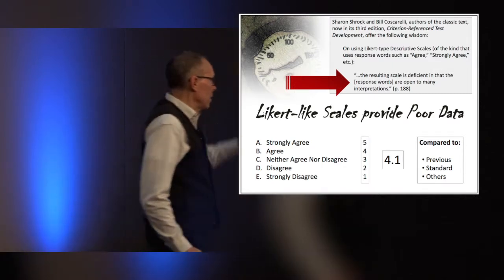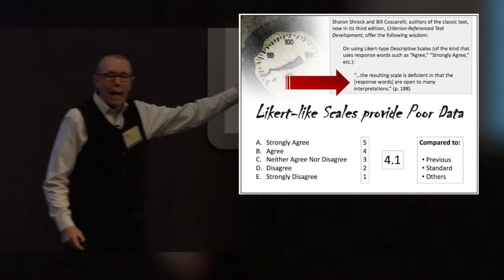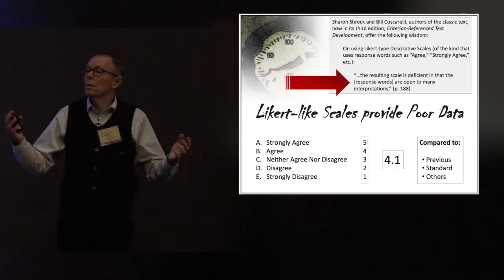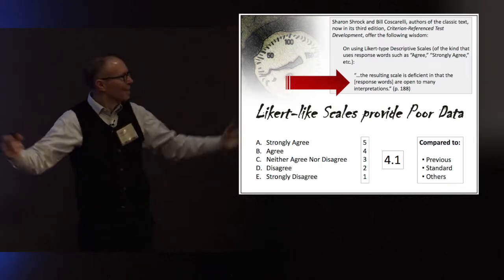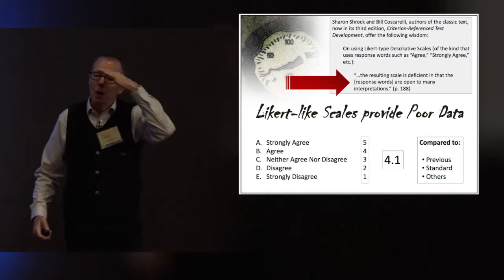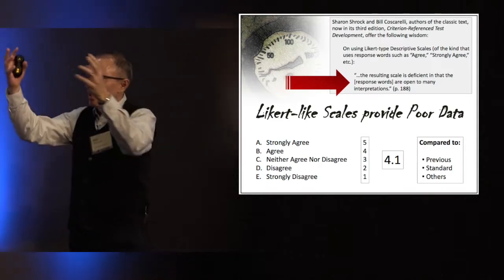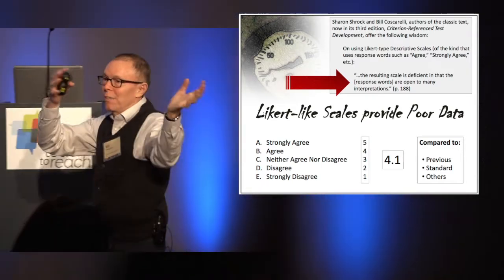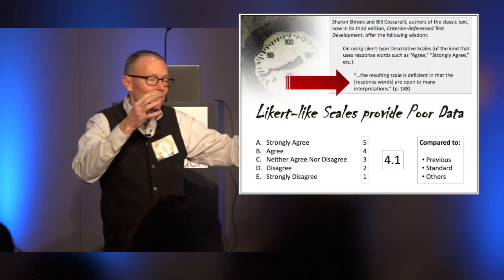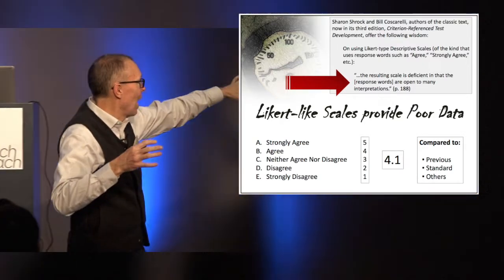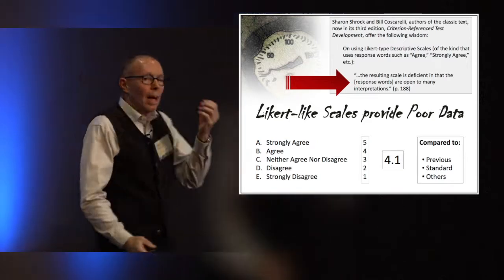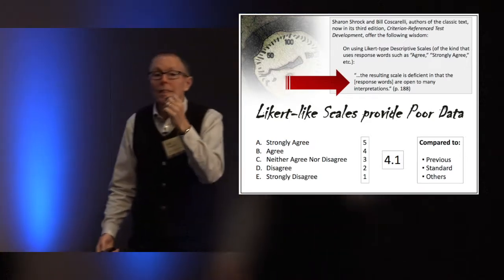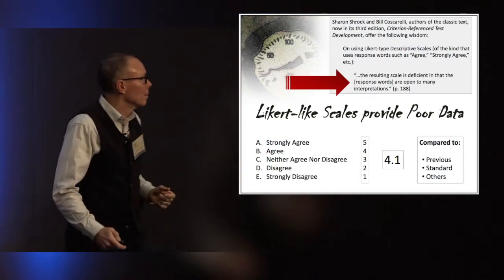So what we do is we take these numbers and then we take an average. My course is a 4.1. But a 4.1, a number like that, based on fuzzy adjectives and fuzzy numbers, doesn't mean that much. So how do we make sense of that? Well, we have to compare that number to something else.